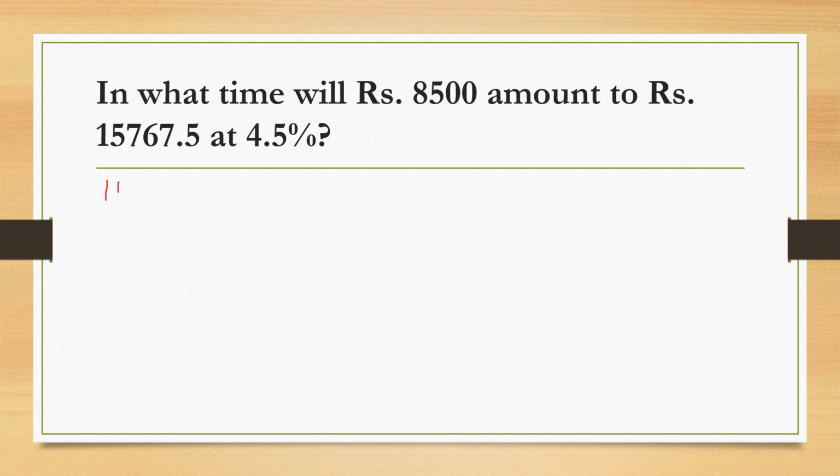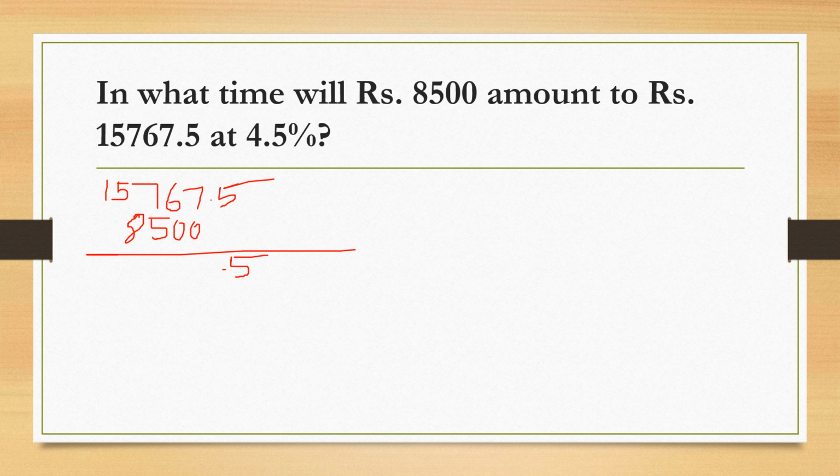So we have to find the difference between 15,767.5 and 8,500. So we will get 7267.5: 7 minus 5 is 2, 15 minus 8 is 7.